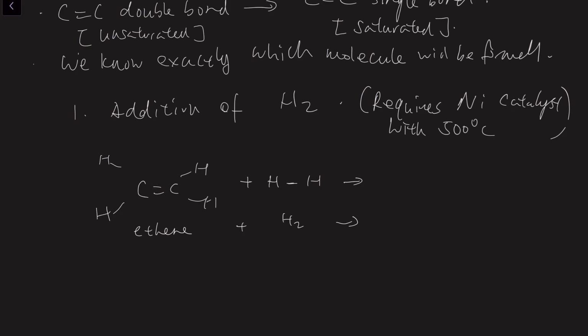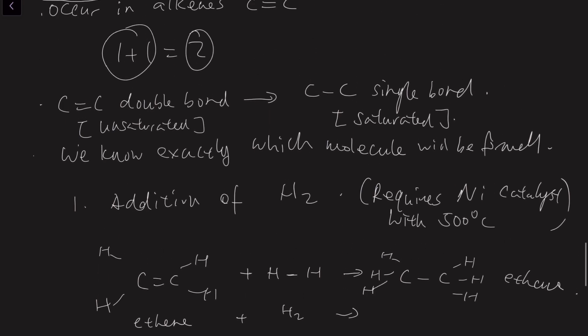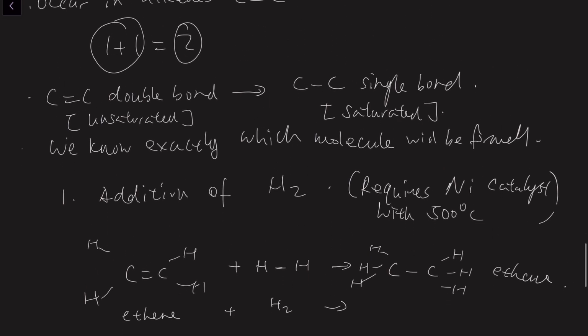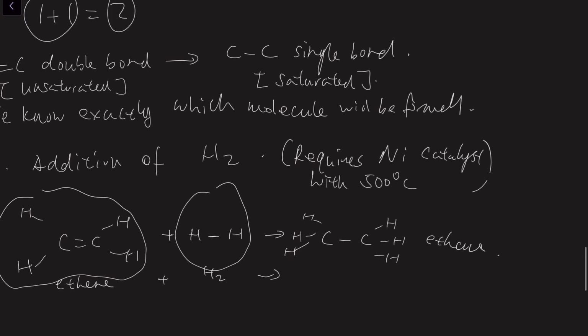So the end product is ethane. So that's why it's called addition. So you have one molecule, another molecule here, but the product is only one. So you are kind of adding those two things together.